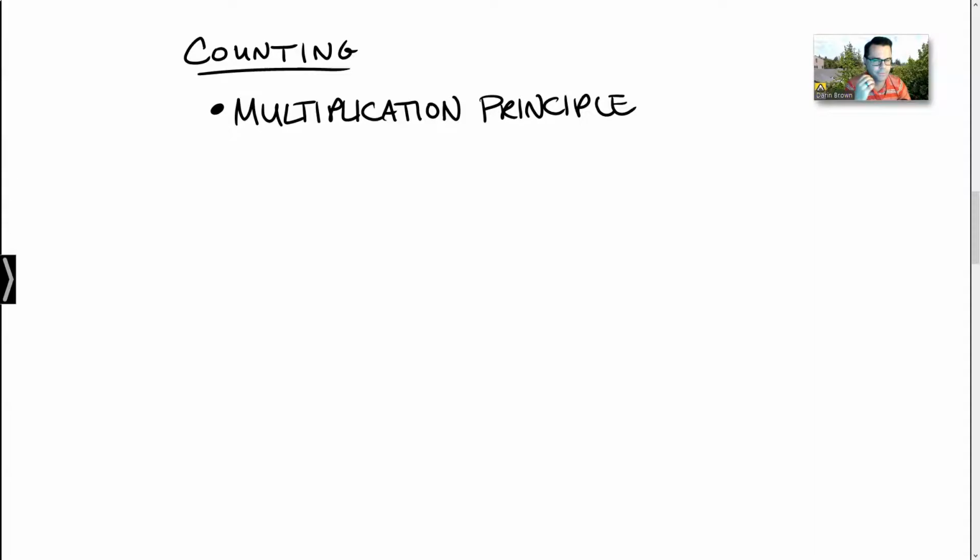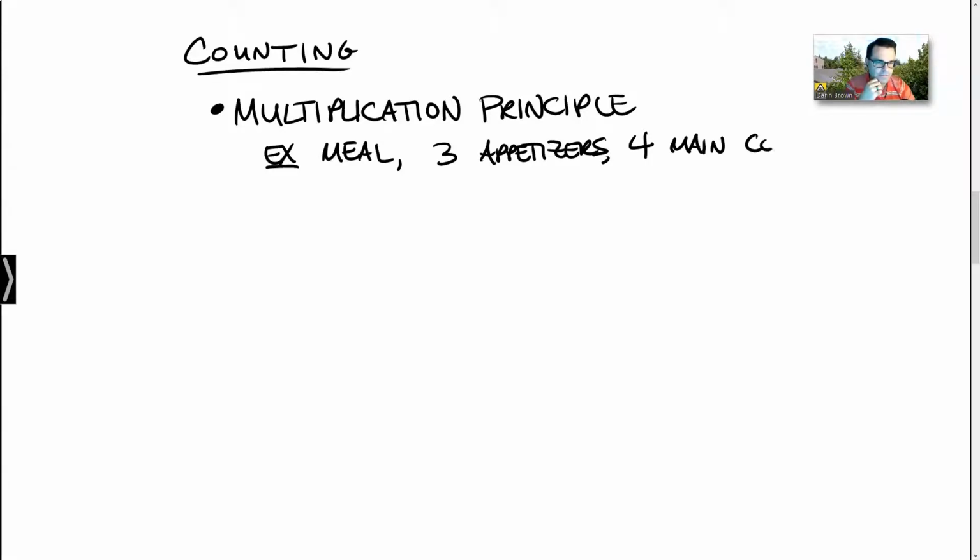Now, that sounds very verbose, so let me go through an example. Suppose you're at a meal, and there's 3 appetizers, 4 main courses, and 2 desserts. And let's say that you have complete freedom over what you want to order.